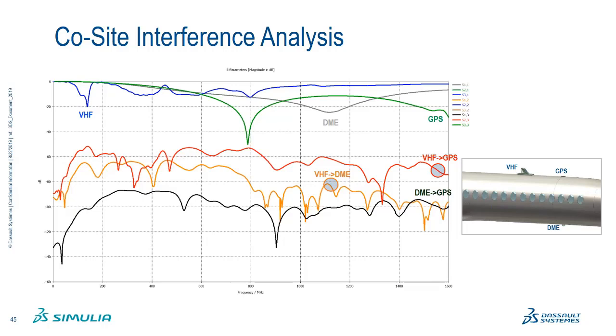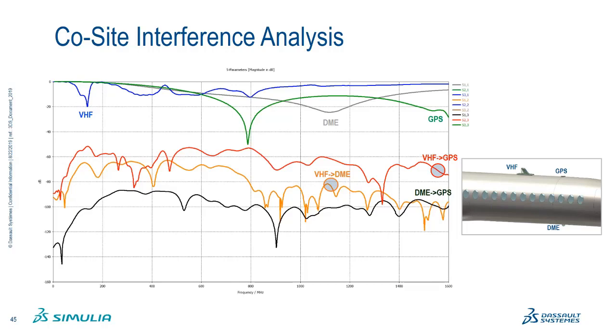The orange curve shows the VHF to DME coupling, which is below -80 dB around the DME band shown by the circle marker in orange. The VHF antenna is on top of the aircraft and DME below, so this helps maintain good isolation between those two antennas. The red curve shows VHF to GPS coupling, which is around -70 dB in the GPS band, again shown by the circle marker in red.